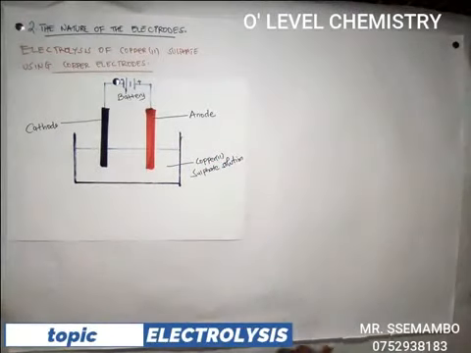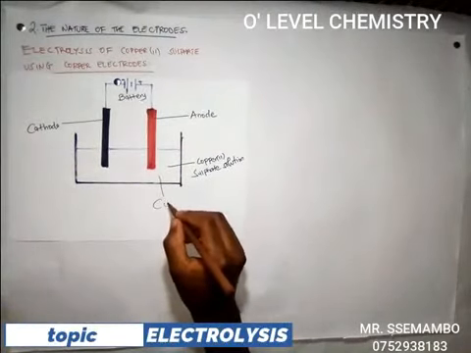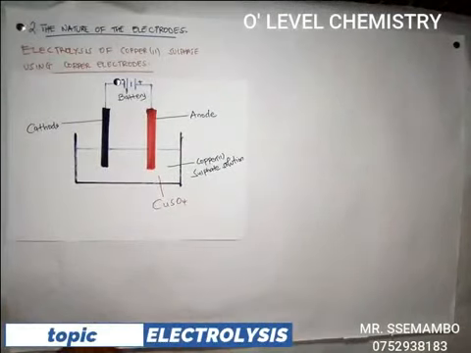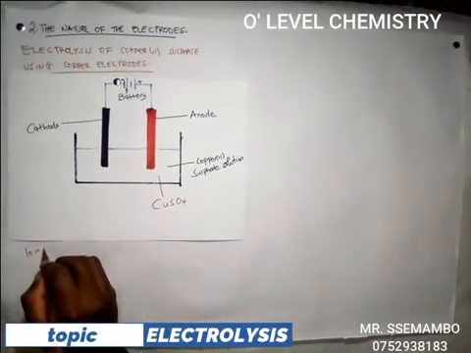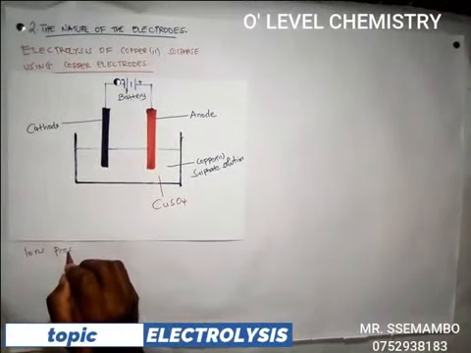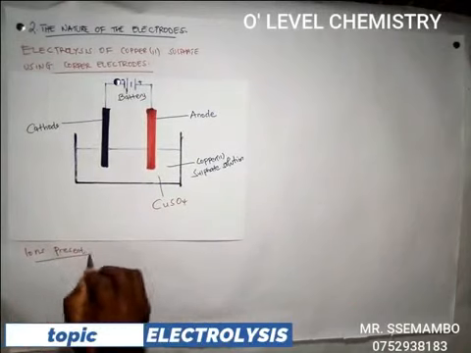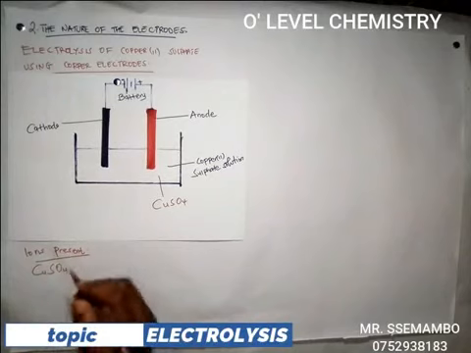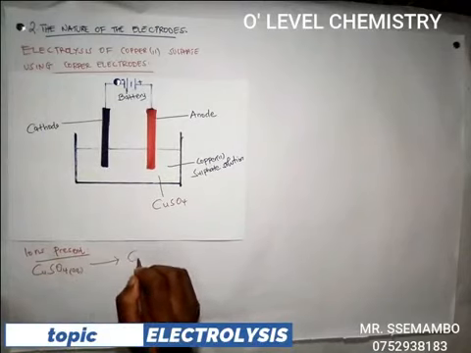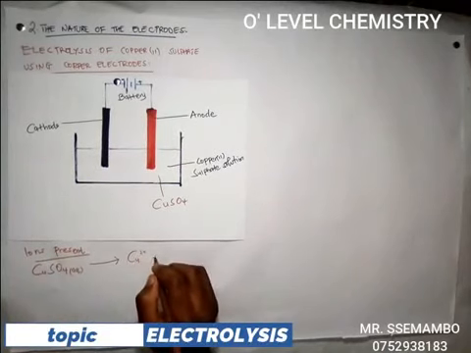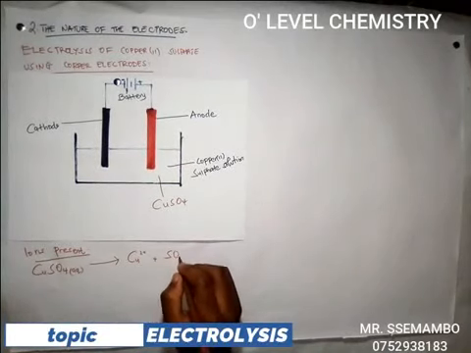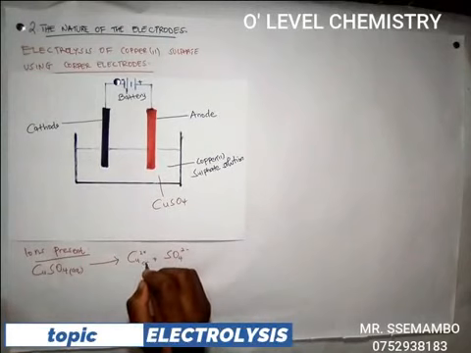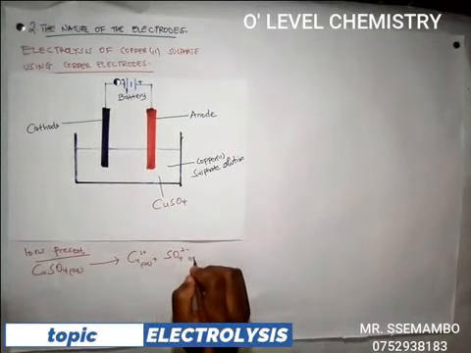So we can continue with our experiment. In this solution of copper II sulphate, the ions present: we have copper II sulphate, aqueous, it will ionize to give us the copper II ions and the sulphate ions, also aqueous.